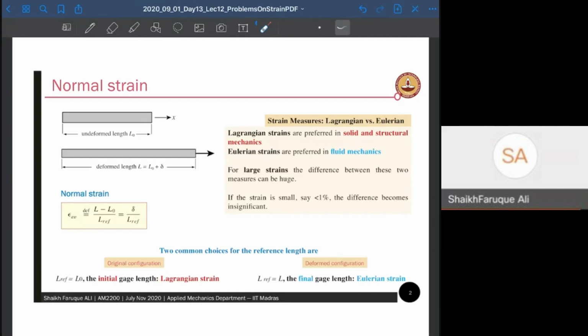If you are looking at the final configuration as your reference configuration, then it becomes delta by L0 plus delta. That is your Eulerian reference frame. Generally in solid mechanics we go by the Lagrangian strain relationship, especially when we have infinitesimally small strains. For large strains, you can go either for Euler or for Lagrange, and both will give you different results. But general formulations for solid mechanics are all dependent on Lagrangian strains.